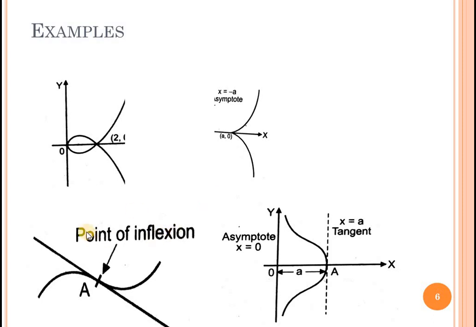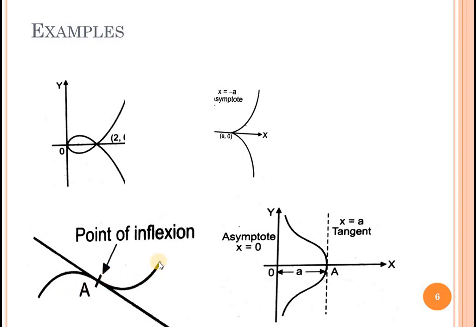Now the next concept we see is point of inflection. Where the curve goes from concave downward to concave upward or vice versa, at that point we say it is a point of inflection. One more interesting thing about a point of inflection is that the curve at that point, with the tangent at that point, lies half part below the tangent and half part above the tangent.